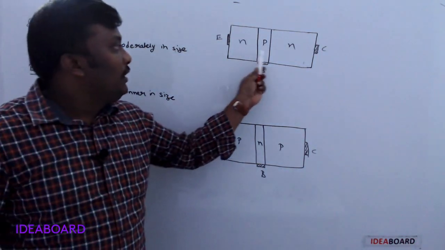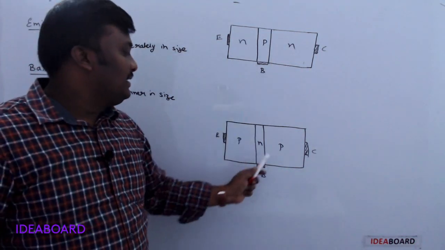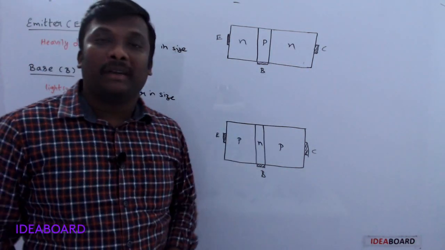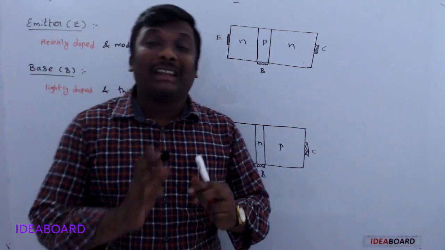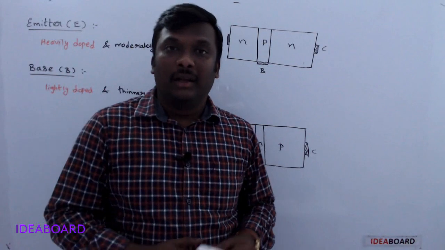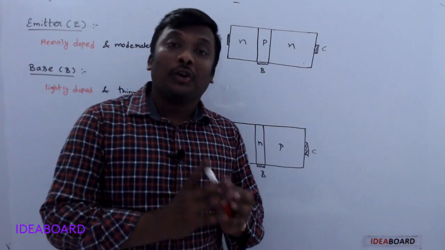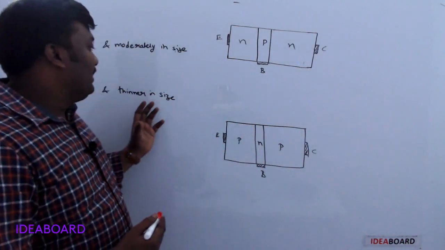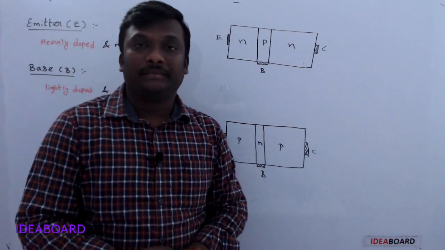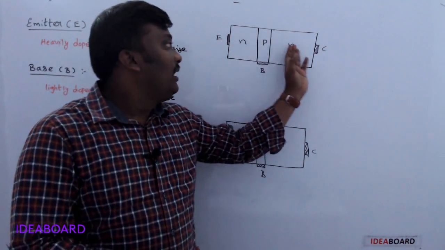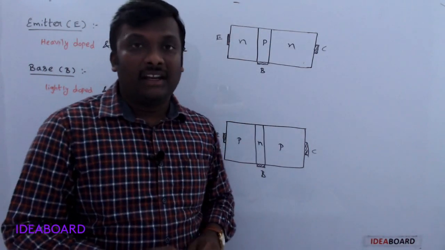Okay. So relatively, of all the three sections, the thinnest is the base. Understand? It is lightly doped. And what is the main function of the base? The base always controls the charge carriers moving from the emitter to the collector. Emitter to the collector. Understand?